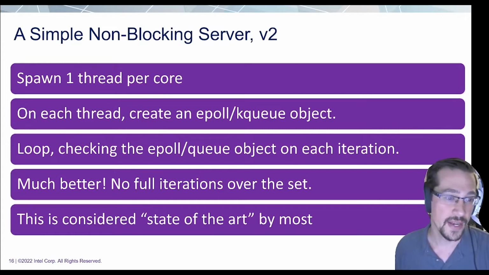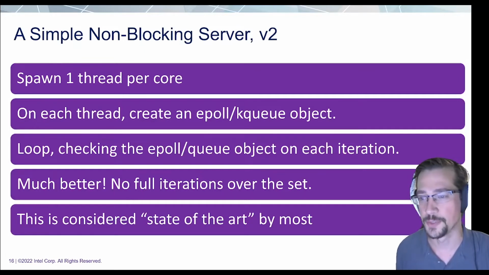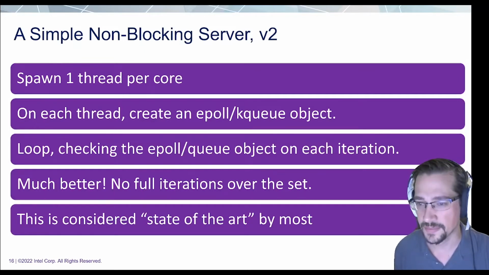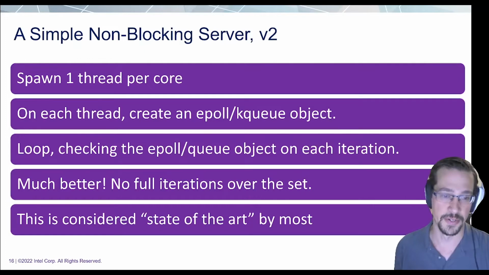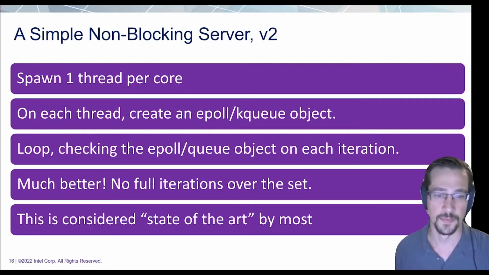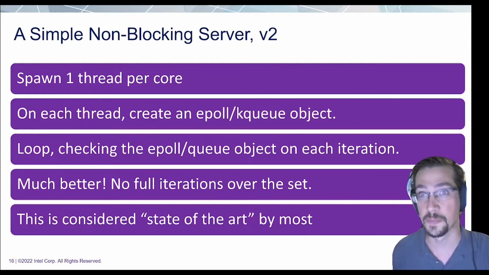And then our thread is going to loop, asking the epoll or kqueue object which ones are ready on each iteration, which is efficient. And so now we're finally at a place where this is much better. We are not iterating over the set of sockets every time. We're only touching the busy ones.